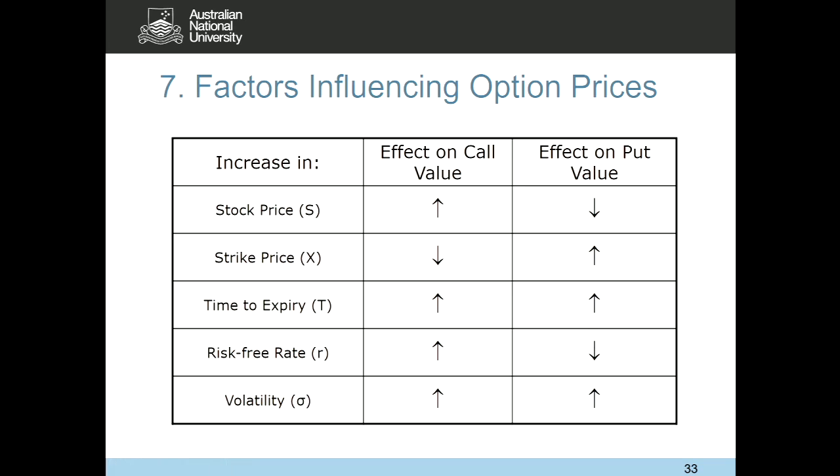A higher volatility is good for both the put and call, because it means you have more chances to become in the money. The share price becomes more volatile, with more opportunity to become in the money. So that's just a rough summary of the factors affecting our option price.